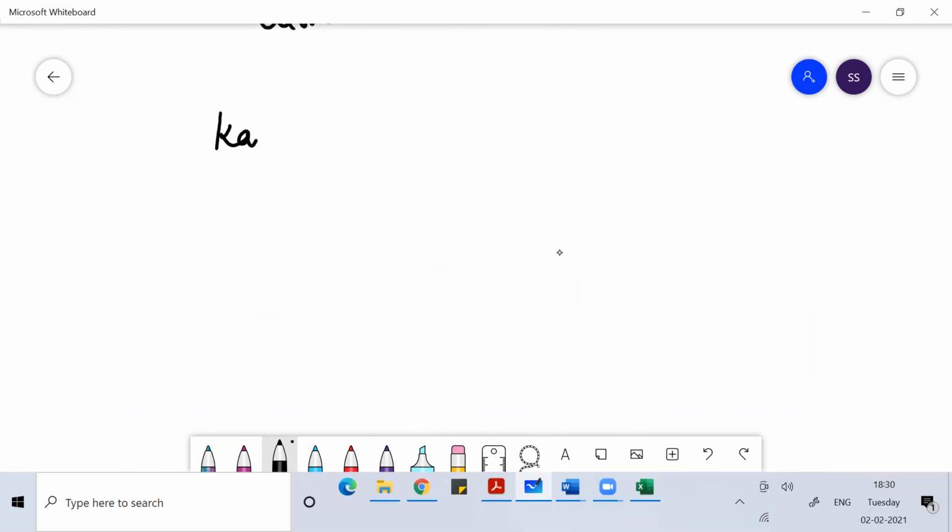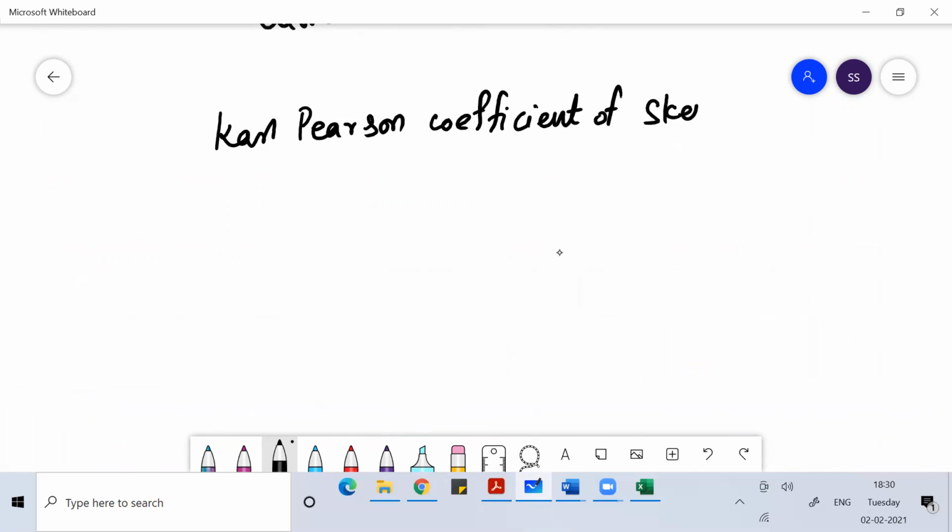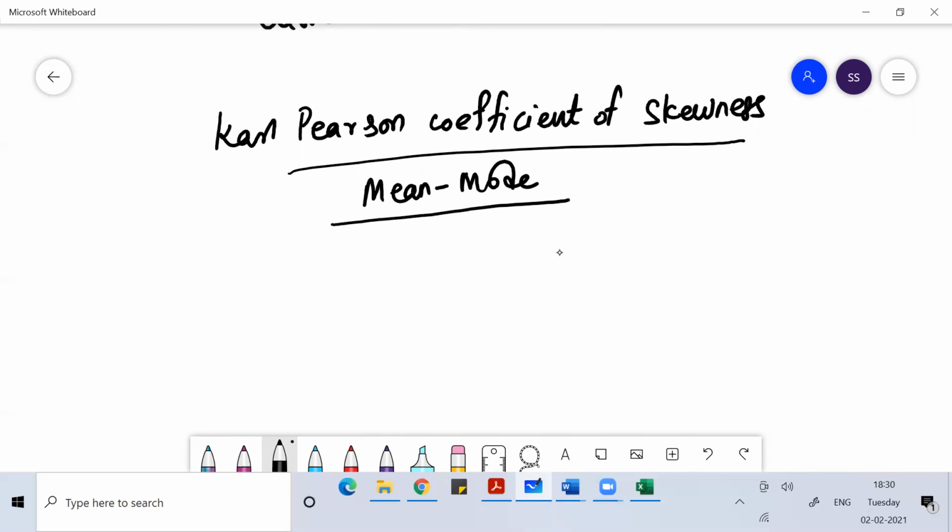Under the coefficient of skewness, we study the Karl Pearson coefficient of skewness. We use the formula: Karl Pearson coefficient of skewness is mean minus mode divided by standard deviation.